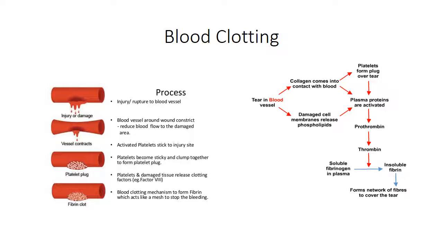In the blood there is an inactive precursor of thrombin called prothrombin. And in the presence of special factors produced by platelets and also by damaged blood vessel walls, it becomes thrombin, and then it catalyzes the conversion of fibrinogen into fibrin.